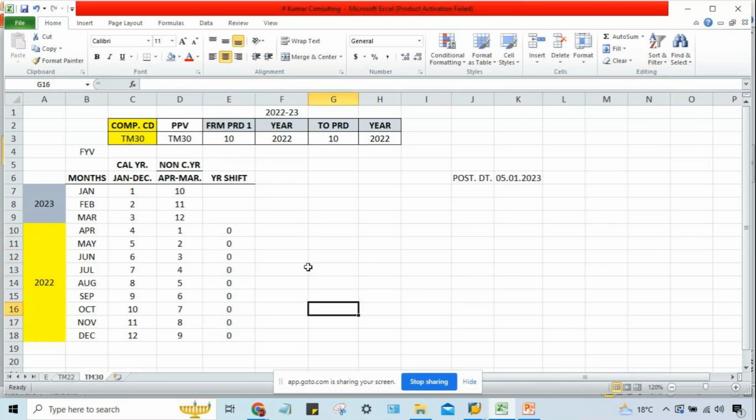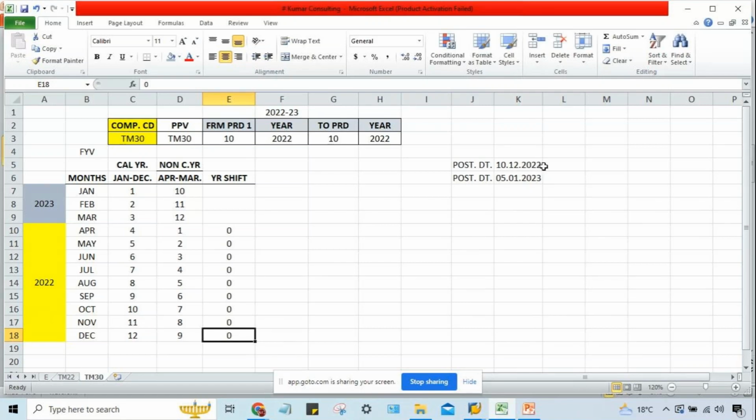But for 0, I'll tell you. First of all, SAP is going to check January, in the sense, which period January is. Let's suppose this posting date is on, let's say, the 10th. When it is December, SAP is going to check period 9. 2022 means 2022, and the system is going to add 0 here.